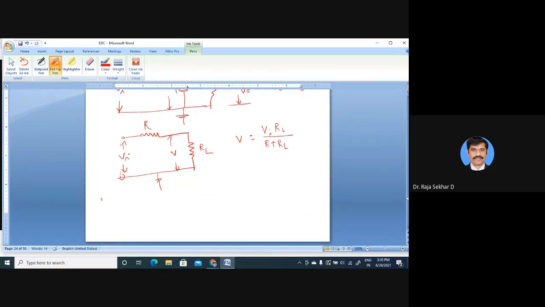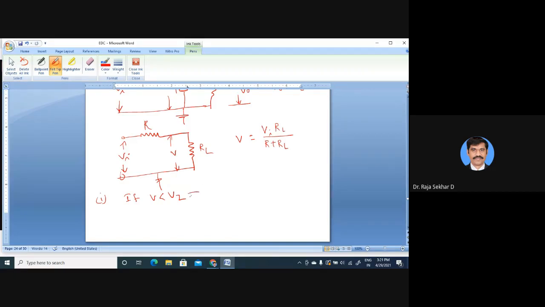Suppose in this first case, if V is less than Vz, this voltage, that is the voltage across the Zener diode, what happens?